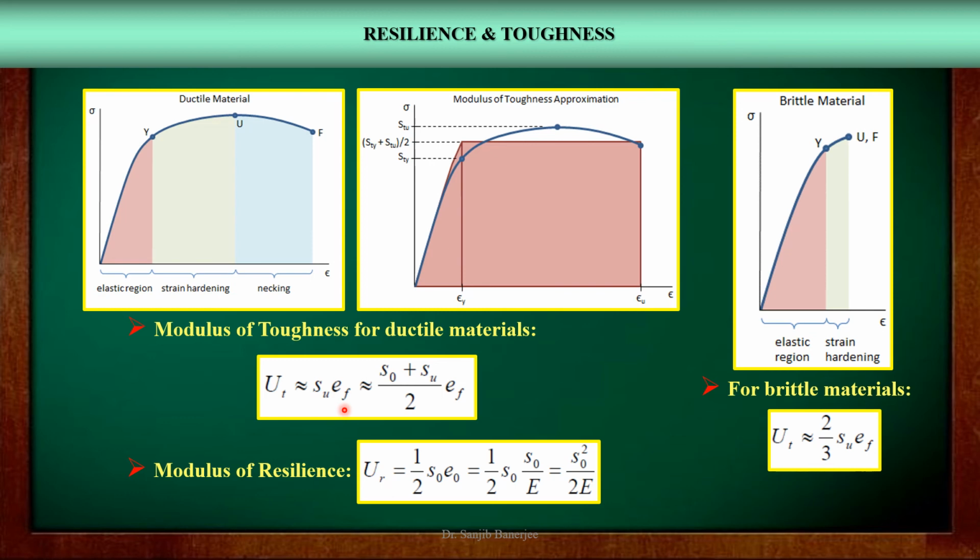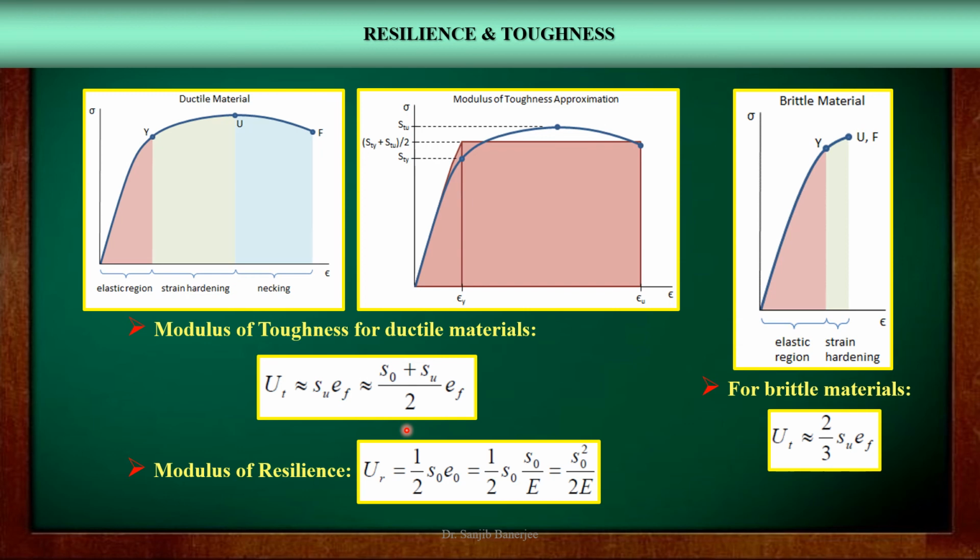Now, since the value of the yield strength, which is denoted by S0, and the value of the tensile strength, which is denoted by SU, are not equal, the area of the rectangle can be better approximated if we consider the height of the rectangle to be the average of these two values, that is, the average of S0 and SU.